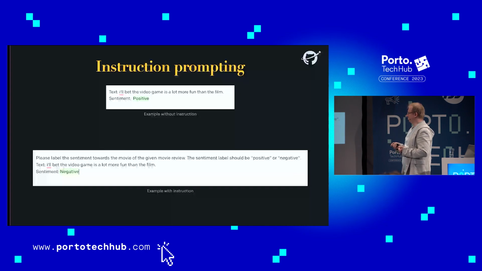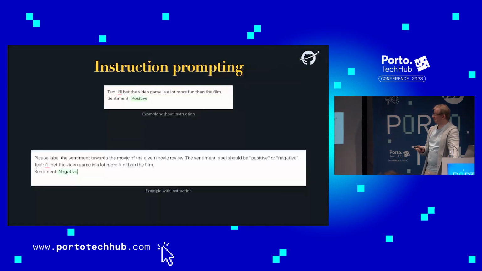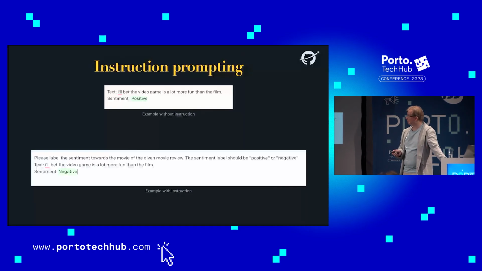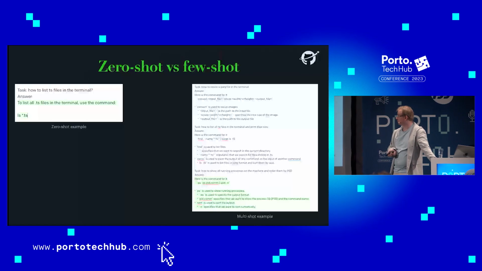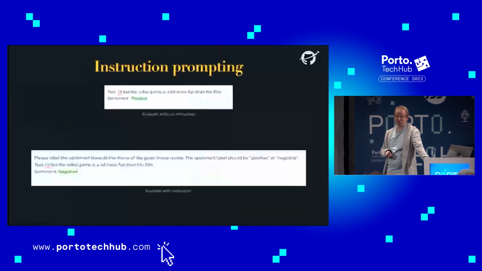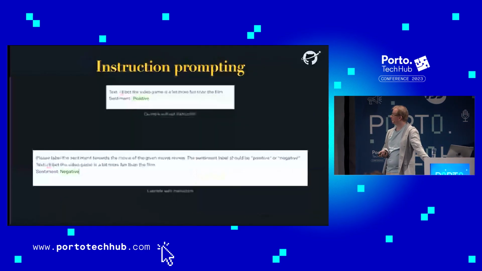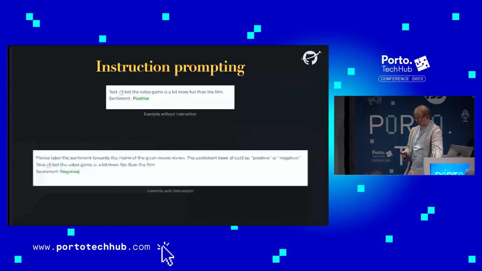And here I give it instructions, please label the sentiment toward the movie, whatever the instruction is. And in this case, the model was able to correctly figure out the sentiment that it should return. This technique is really good in cooperation with few-shot prompting. So if you have multiple instructions or multiple examples of how to handle some kind of instructions, pushing all that into the prompt is a great idea.